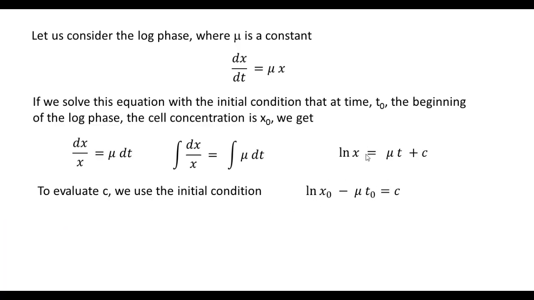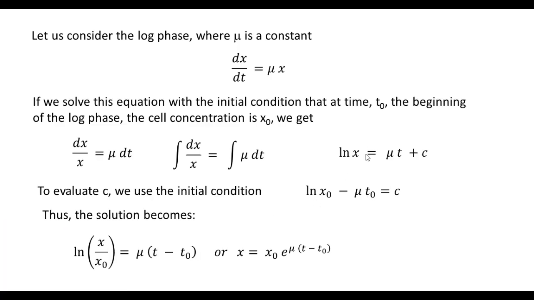If you substitute it back into the expression, the solution becomes ln x equals mu t plus ln x0 minus mu t0. If we combine similar terms on either side, then ln x minus ln x0, which turns out to be ln x by x0, since ln a minus ln b is ln a by b, equals mu into t minus t0, taking mu common.